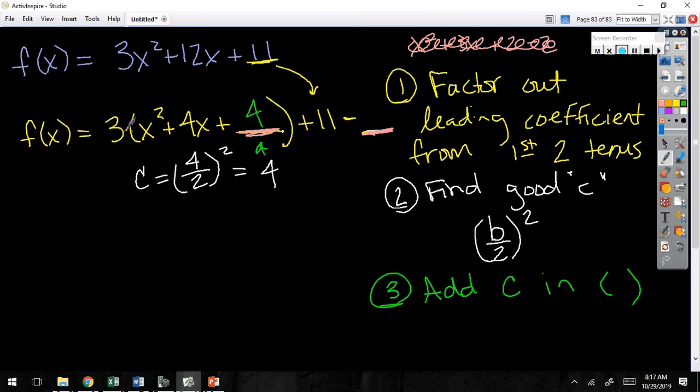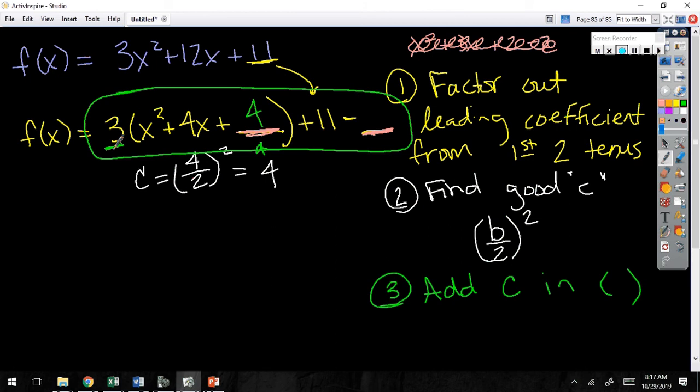What have I really added to this side of the equation? I put a 4 there, but really what I added was what? Do you see it? 12. Why? That's exactly right. Because this 3 sits out here, what I really added was 12. So what I need to subtract is 12.